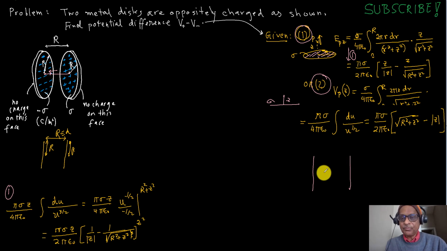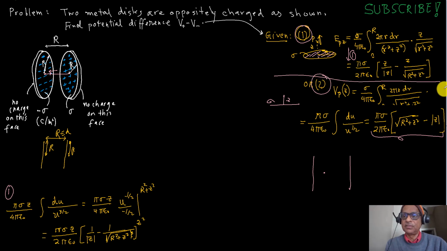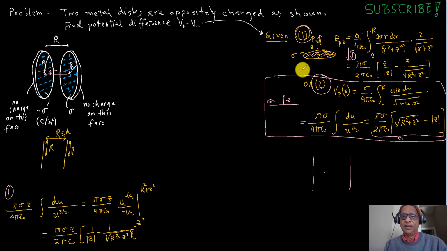Over here, this is the answer for one disk, right? So suppose this is given to us. Then how do we use this to find the answer for this question?